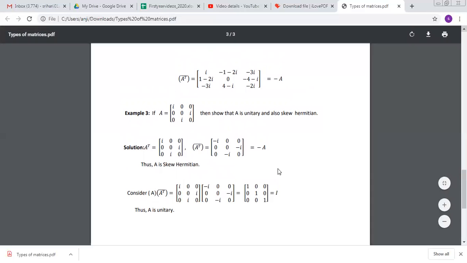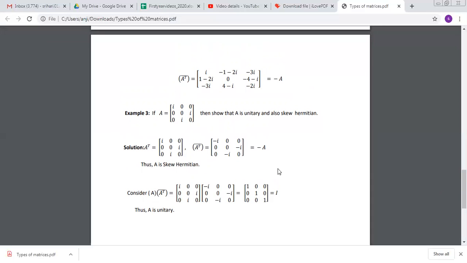For unitary, you have to check A A^θ equals I and A^θ A equals I. Then only it is unitary.